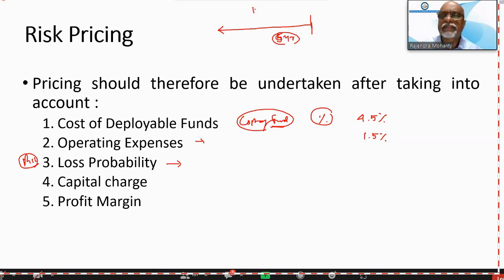Suppose a portfolio like housing loan you take. In housing loan, for the last 5 years, you see how many housing loans have been given, say X numbers of housing loans given for an amount, say Y. X number of loans has been given, Y is the total amount disbursed.